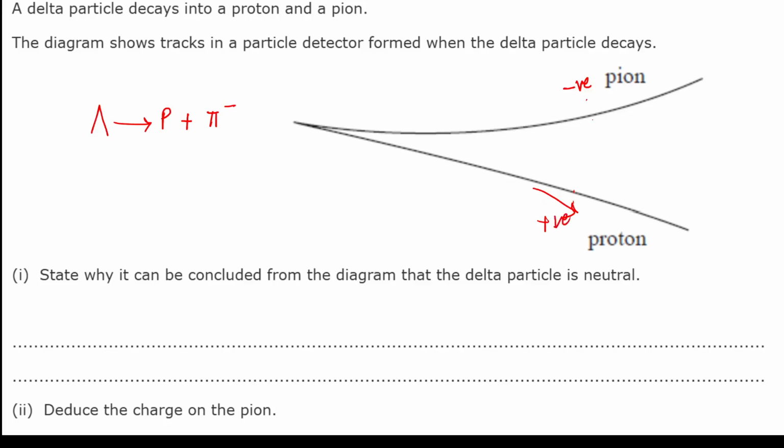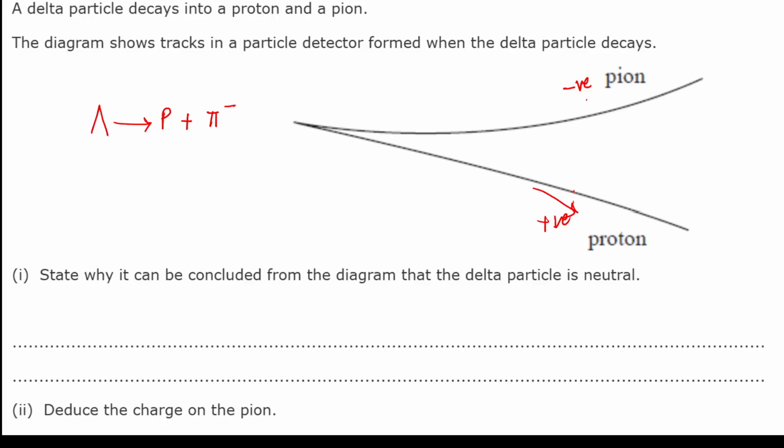Now, how do they move in opposite directions? It is because all the particles are under the effect of a magnetic field. If they end up making two different curves, it is because they have two opposite charges. So why can it be concluded from the diagram that delta is a neutral particle?